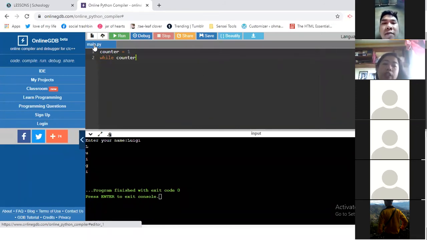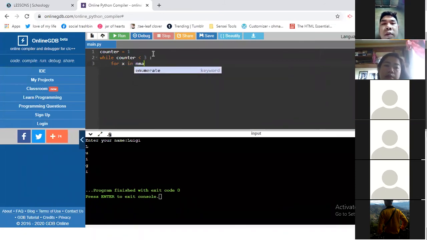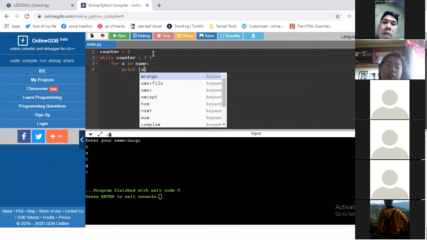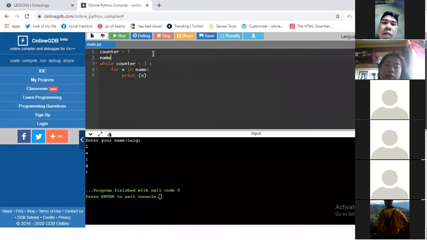While counter is less than... x in... int... and mean is equals to... enter.